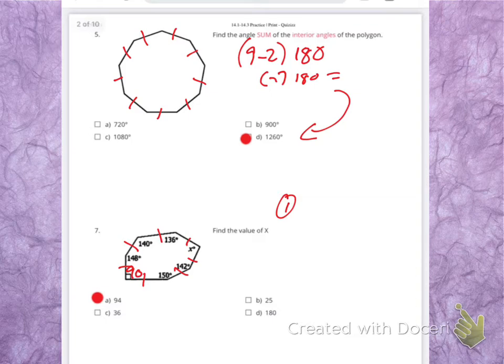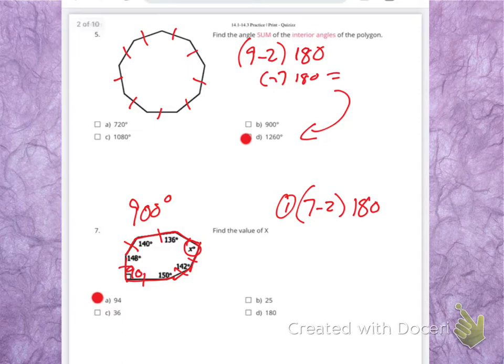I do that by 7 sides minus 2 times 180. I'll count my sides one more time. 1, 2, 3, 4, 5, 6, 7. So there's 7 sides. I'm right. 5 times 180 gives me 900.